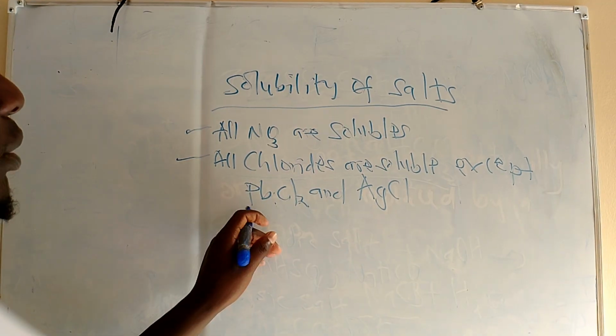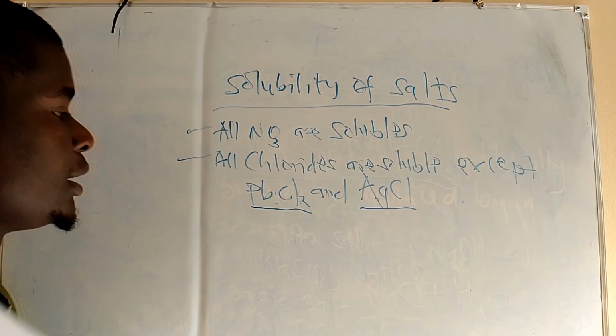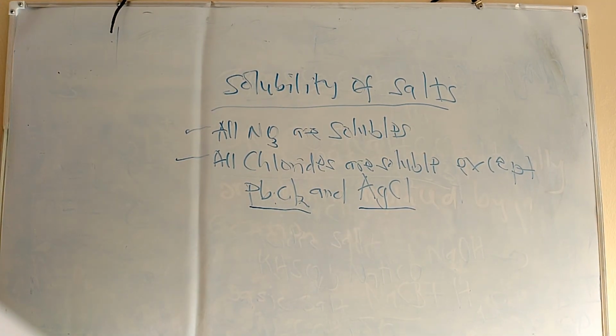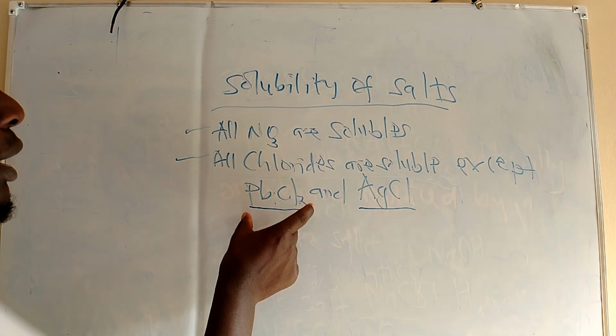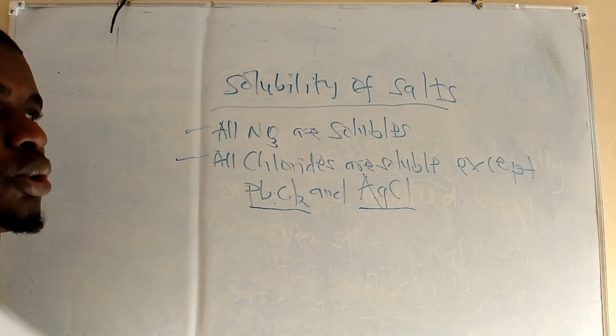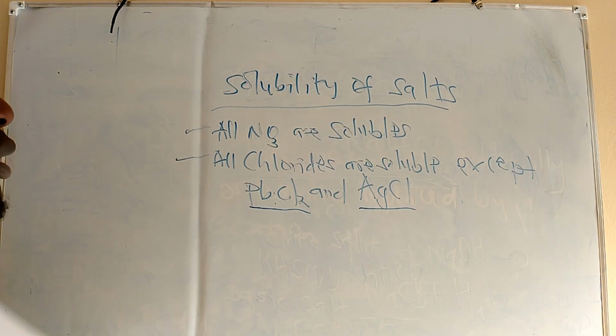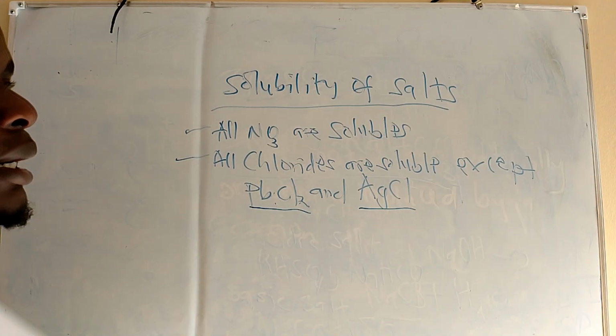The difference between lead 2 chloride and silver chloride is that lead 2 chloride is soluble on warming. When you heat that white precipitate, it dissolves to form a colorless solution.